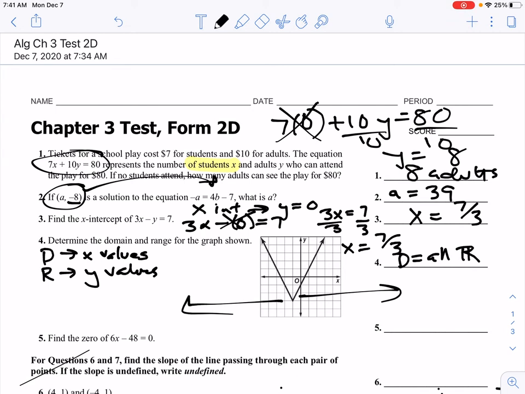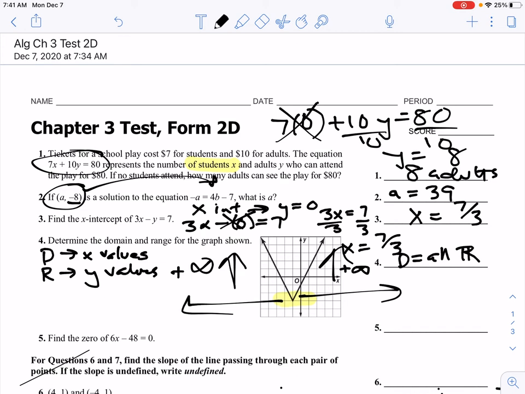And then your range is going to be what y values you get out. Well, if you look at this graph, you'll notice that your y never goes below this point right here. It's always above that. And then it looks like it goes up to positive infinity on both sides, right? It goes up to positive infinity there, it goes up to positive infinity there.